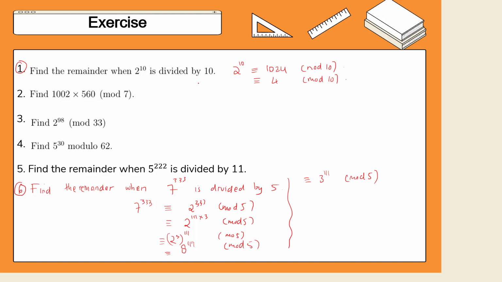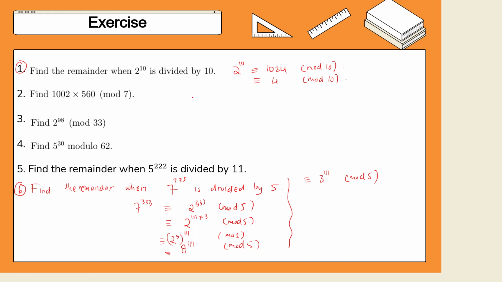And do you notice here, if we are trying to find the remainder of some number divided by 10, it's actually the last digit. The question is actually asking you about the last digit. So sometimes, instead of asking it this way, they ask about the last digit of a number.